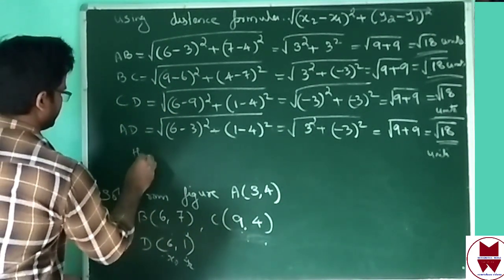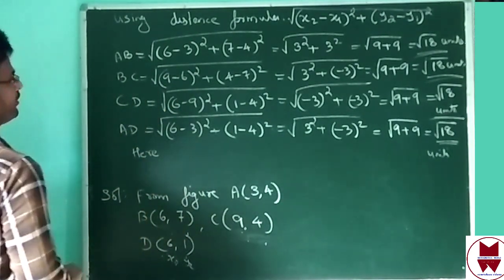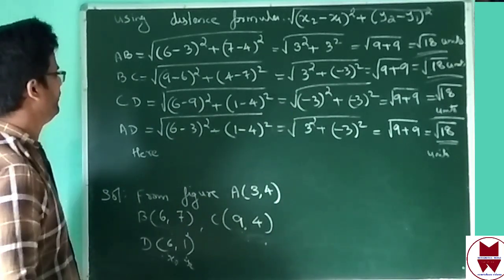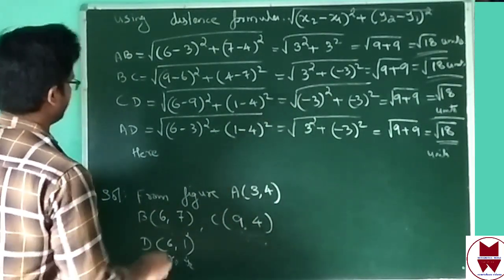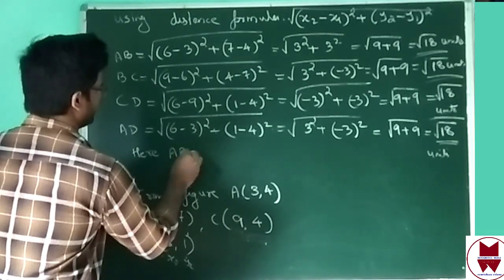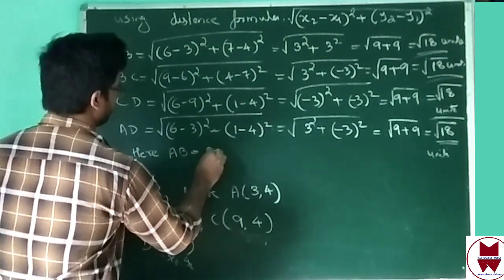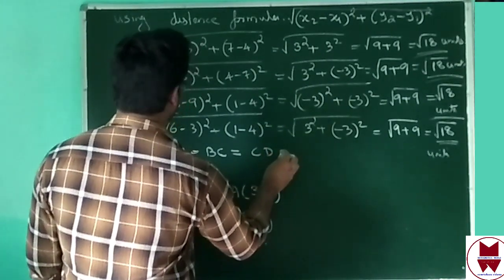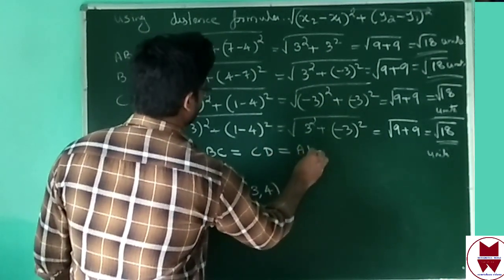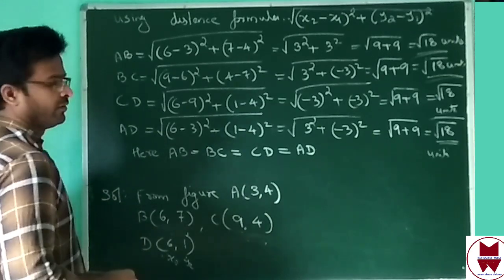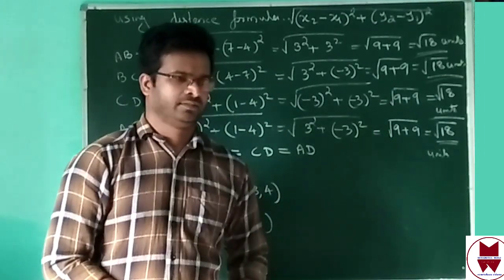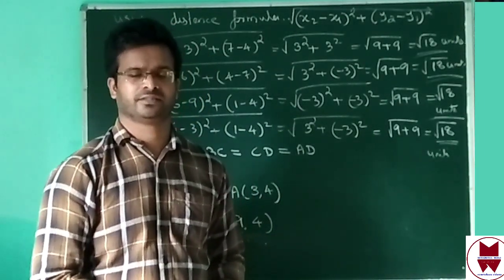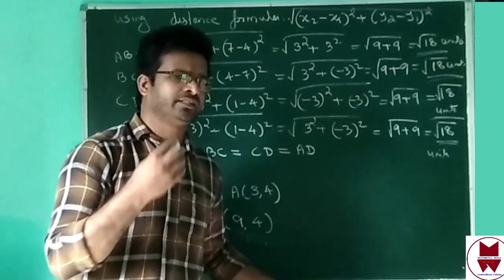Then here, check it. All the values are equal. AB, BC, CD, AD, everything. We can write AB equal to BC equal to CD equal to AD. All the sides are equal means that is a square? We cannot say that is a square.